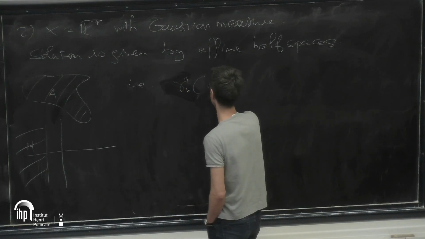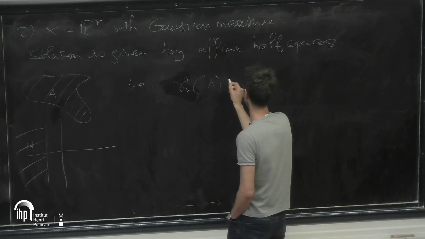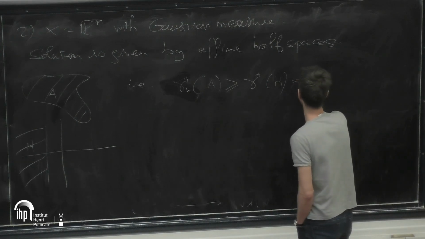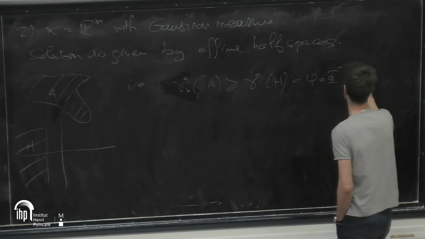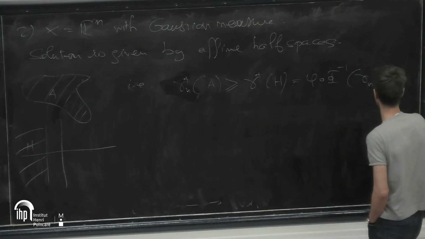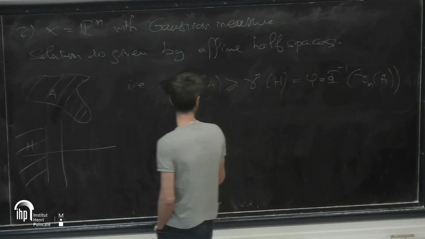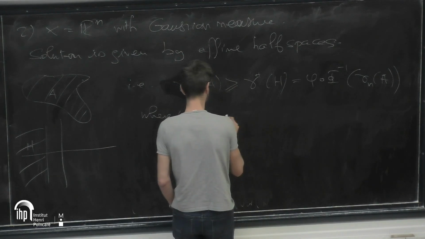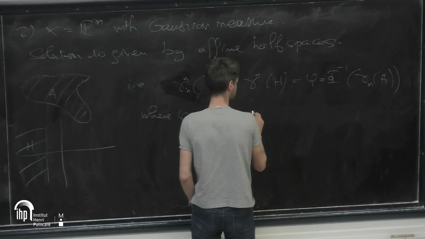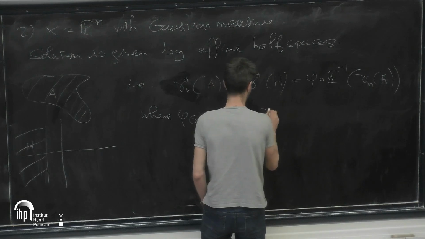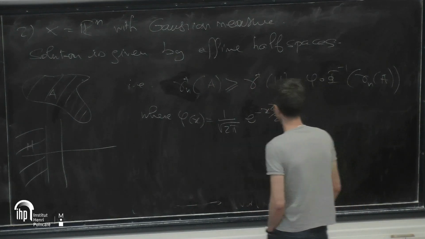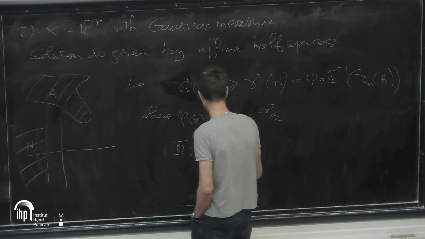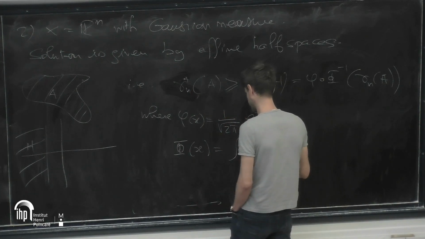So the perimeter of A is at least the perimeter of H, and this will be, where phi of x is the Gaussian density, and capital Phi is the Gaussian cumulative distribution function. So this is the antiderivative of this guy.